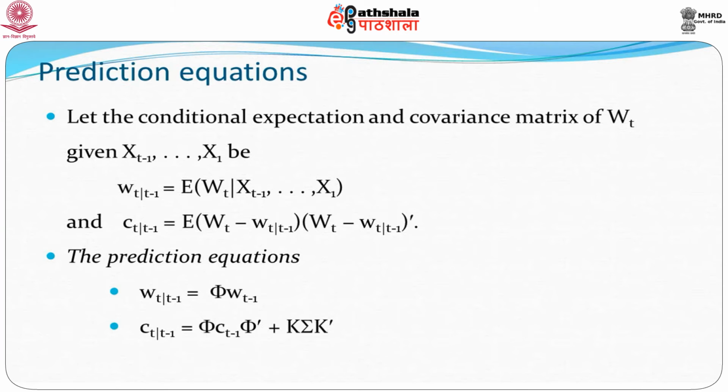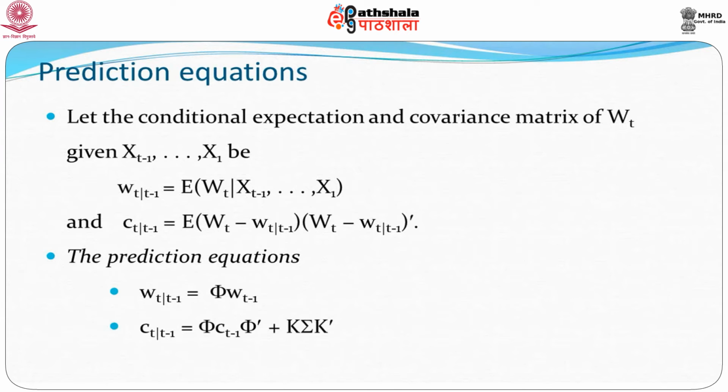Why is this so? What is W_{t|t-1}? It is the expectation of W_t given the past. But if x_{t-1} is given, then we can assume that phi of W_{t-1} is given.